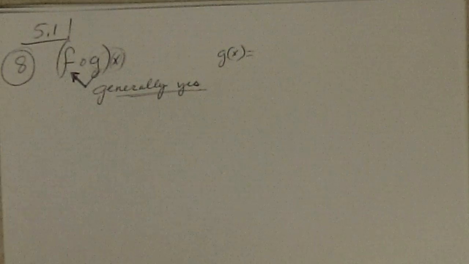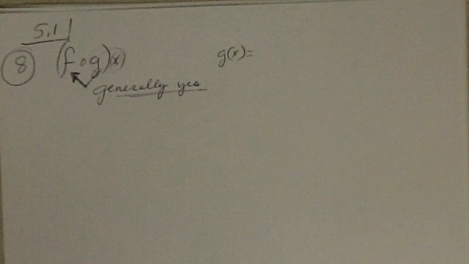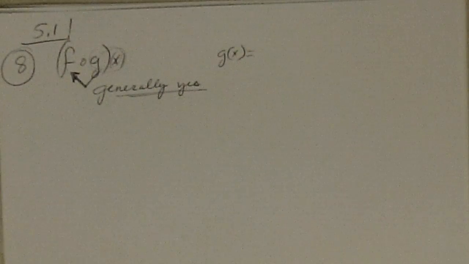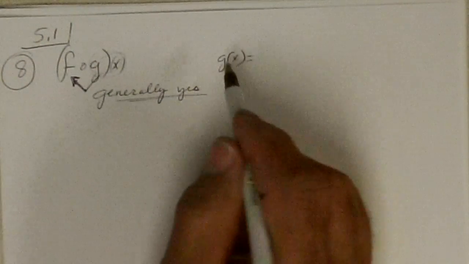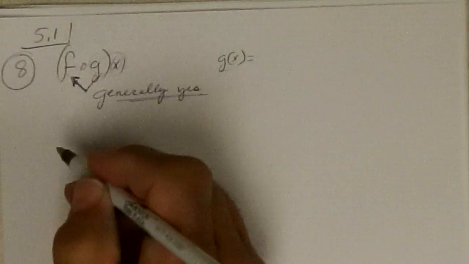So not quite yes, but kind of yes. You do have to be able to put them into G, but they have to be able to go on through F, and so therefore sometimes it's not yes. Sometimes you have to restrict even what you put into G. That's the answer to 8.